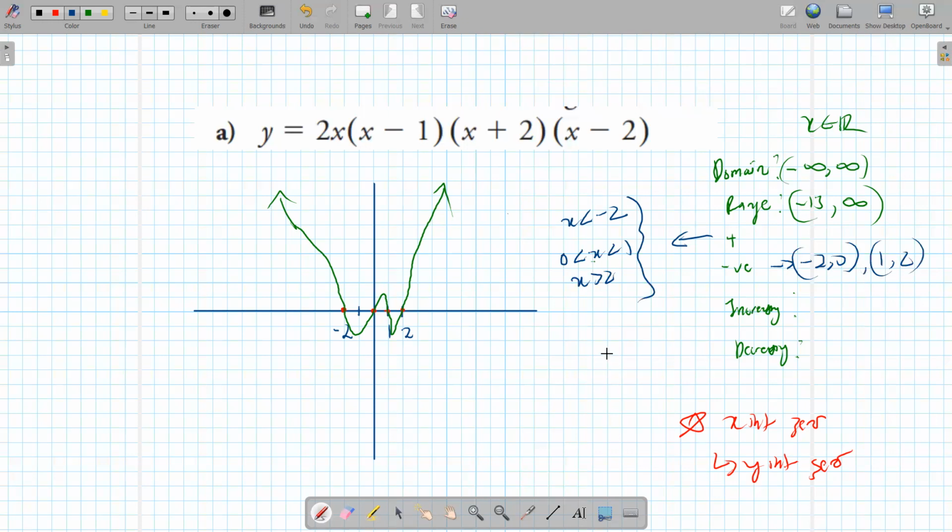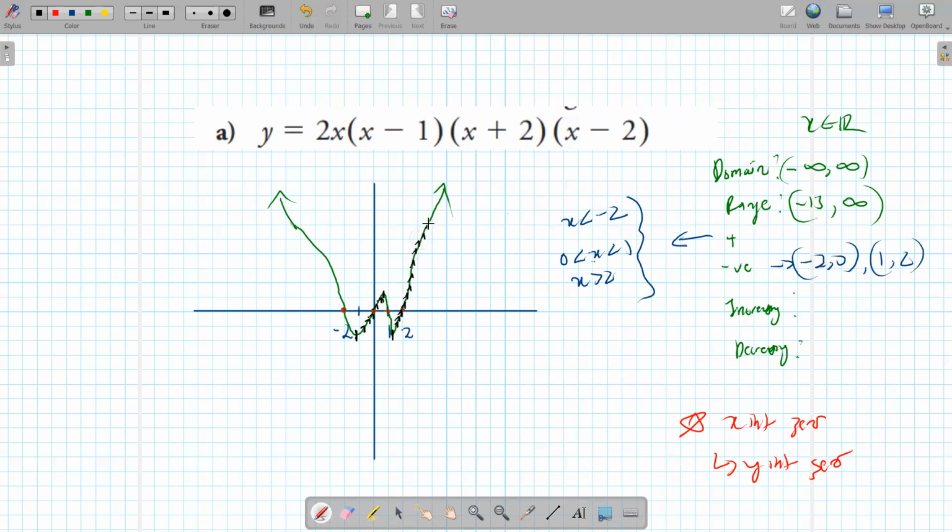If you look at increasing, it's increasing from here to here. We don't know where the curves are, but it's increasing right here. Anywhere else? It's increasing from here, this part. See, it's going up.